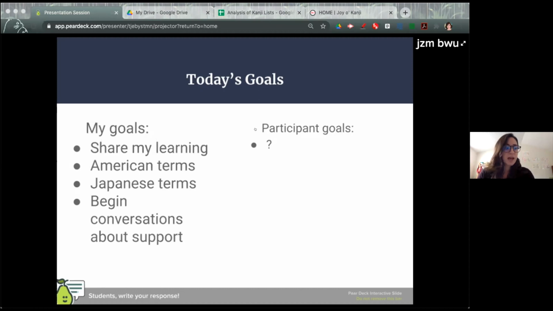I didn't have access to resources specific to supporting students in Japanese language courses. Then I realized the majority of my colleagues are university instructors trained in Japan, so they may not know the American terms on this. So I'd like to make sure that we're starting on the same page here.